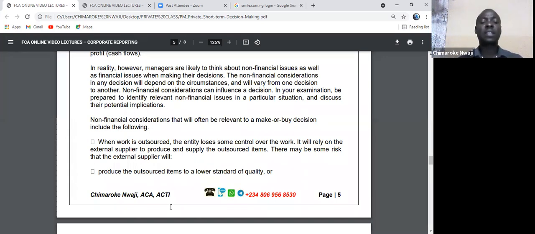There's a risk that the standard quality will be lowered. The quality will be lowered because these outsourcing people, they want to make more profit. They don't care about your standard. And so they might lower the standard a little and make extra money.